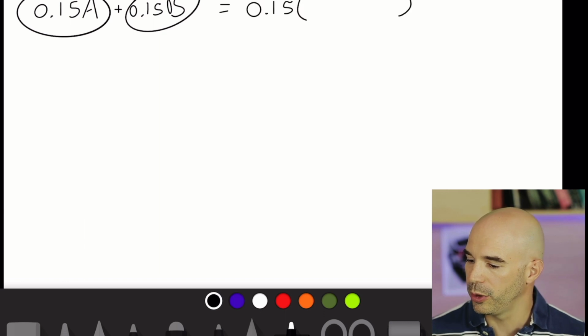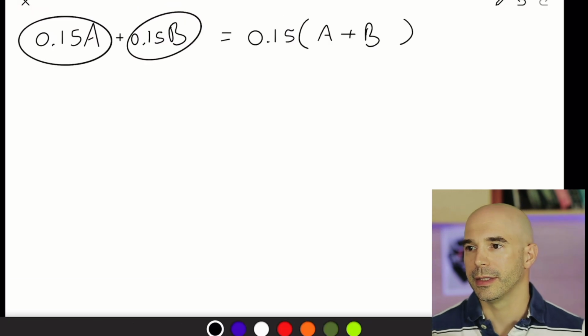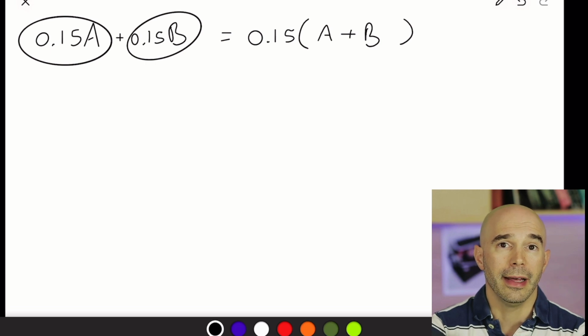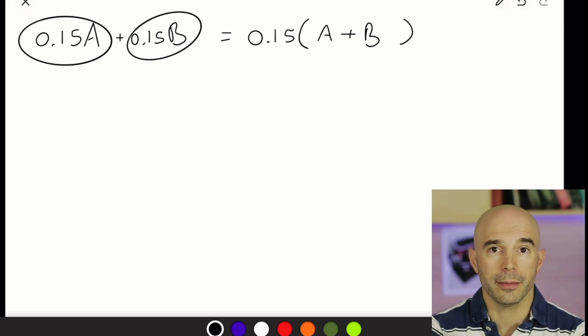I pull out the 0.15 as a common factor, and I get this. You see that? So that would be the mathematical proof for why the overall profit margin for the day is also 15%.